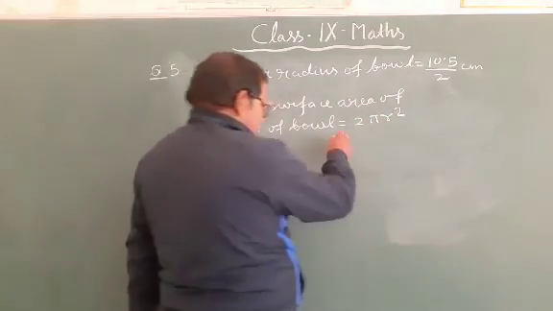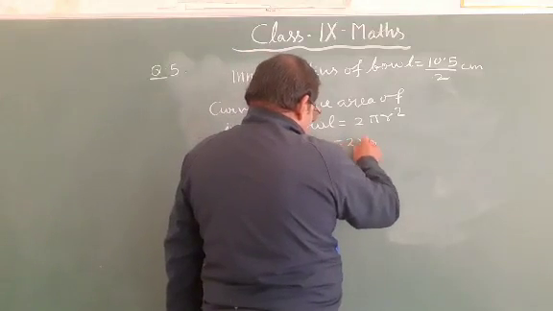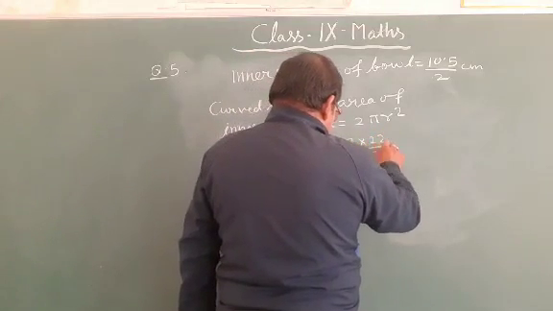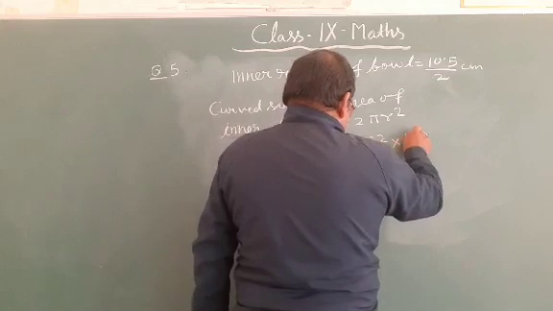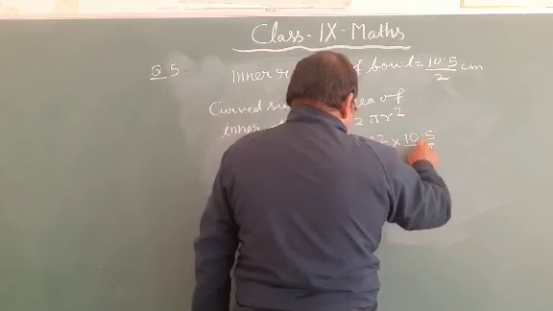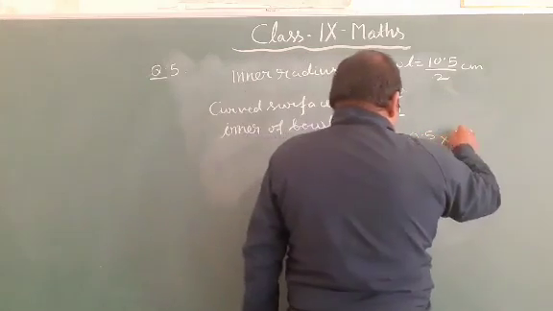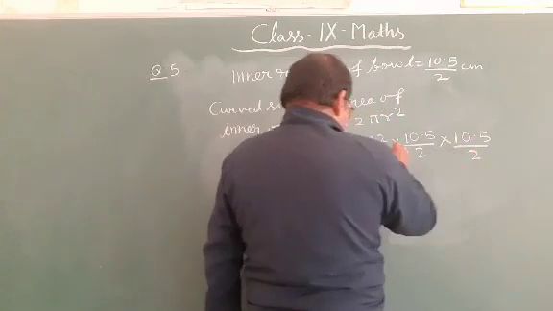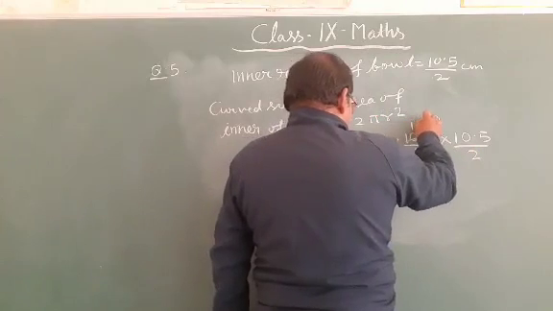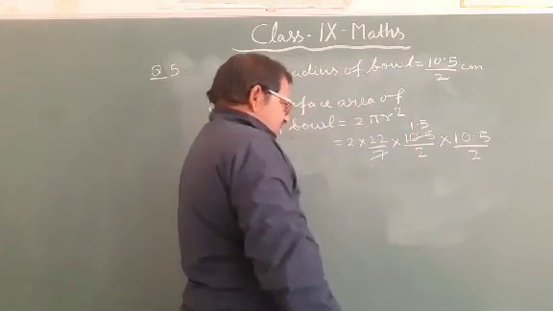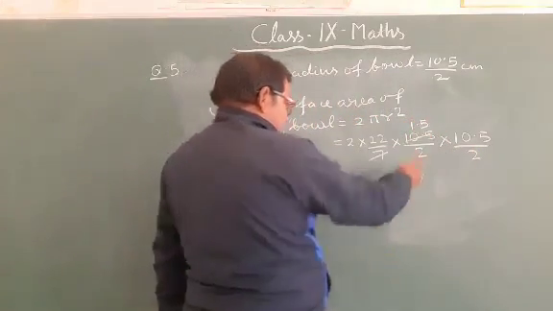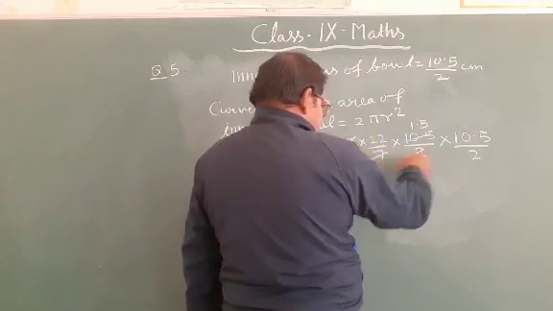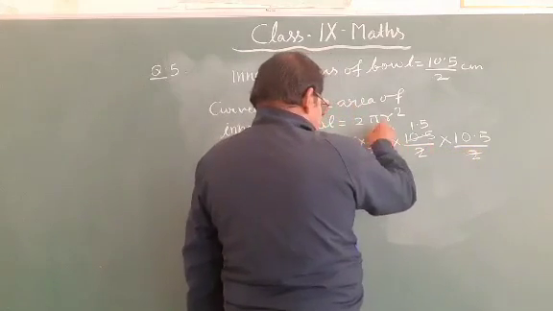So 2 into 22 by 7 into 10.5 by 2 into 10.5 by 2. The 2 cancel, 11.